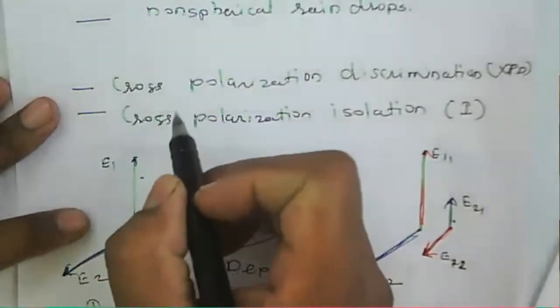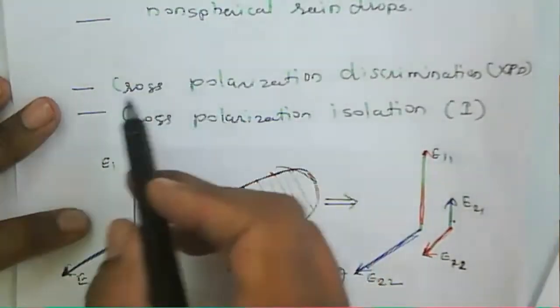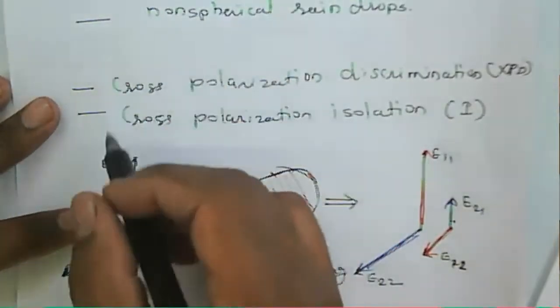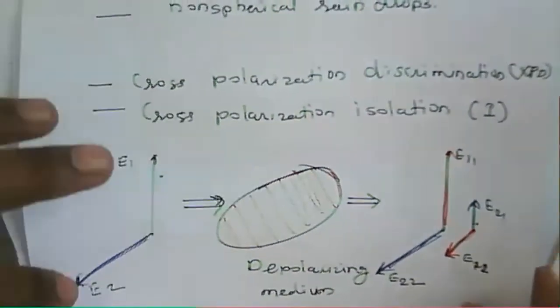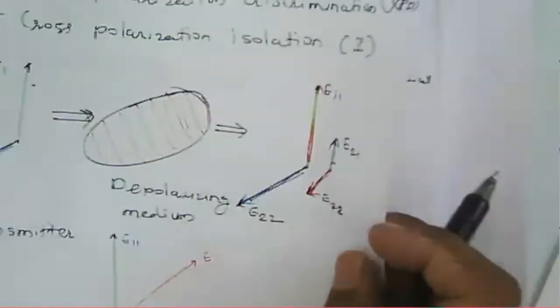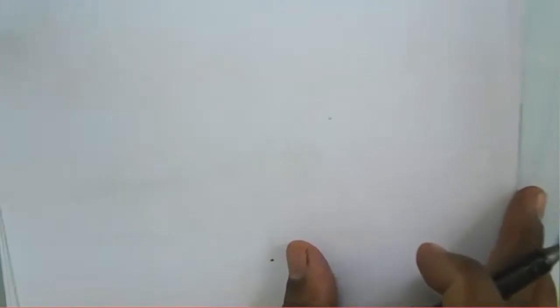That is nothing but the diversity reception and adaptive compensation of depolarization. So this way we can reduce the cross polarization component. Now that is the depolarization technique here.